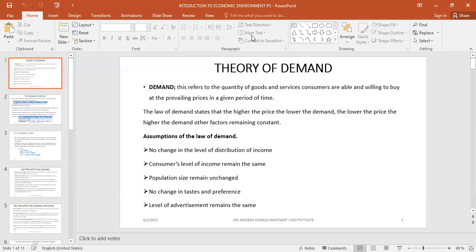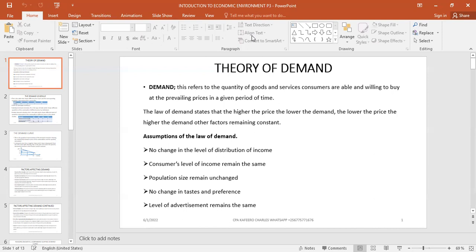We expect that the level of distribution of income should not change, should be constant, and the only factor that will be affecting demand will be the price. So we expect even the consumer's level of income to remain the same. These are some of the assumptions of the law of demand.